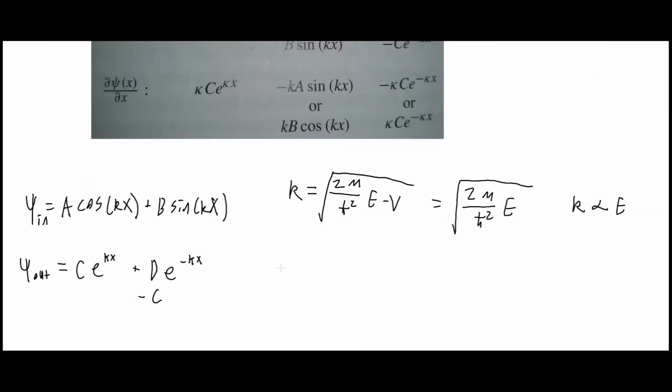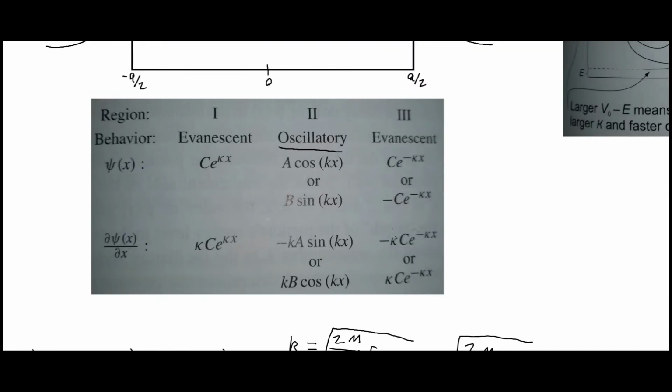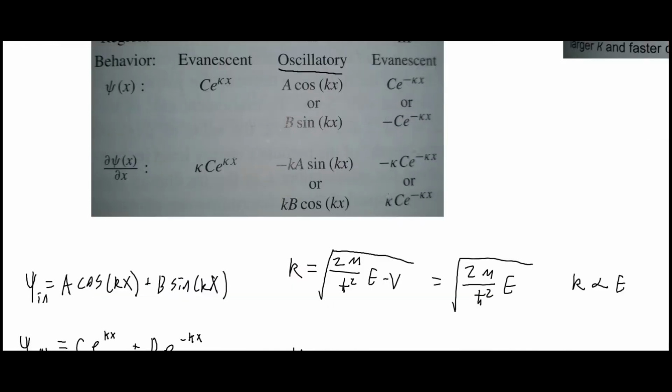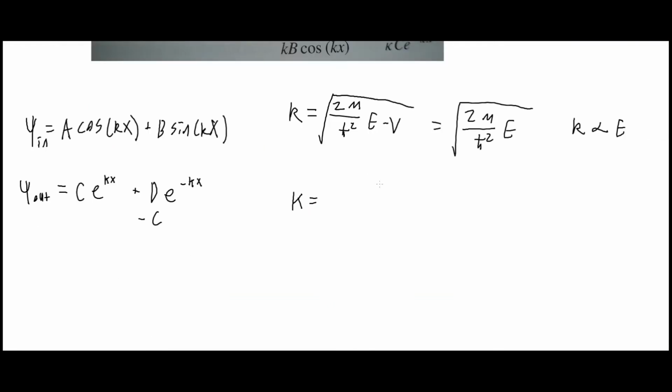But anyway, the takeaway here is that we have our kappa, which, as I said, I'm writing as an uppercase K because I can't script it so that it looks like a kappa. It is going to be equal to the square root of 2m over h bar squared times (V minus E).